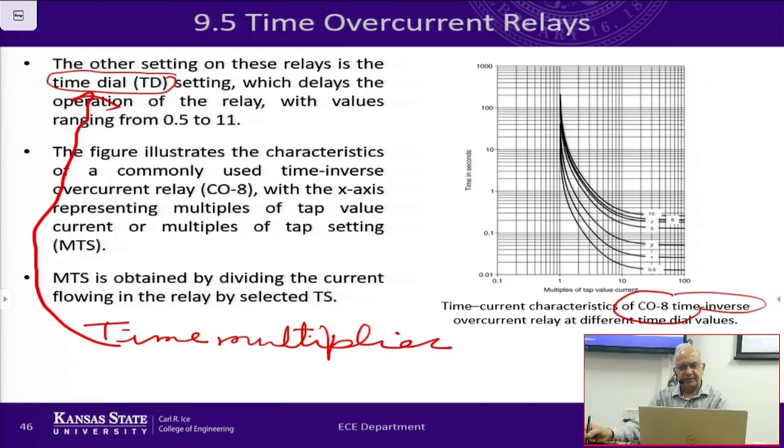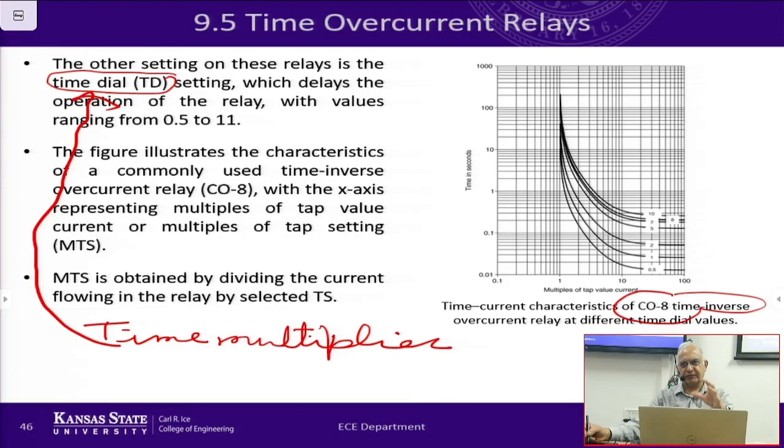Now this CO8 and these designations are again a legacy carried over from electromechanical relays, and they are basically a designation for the inverseness. For example, you have highly inverse, extra inverse, those kind of things.